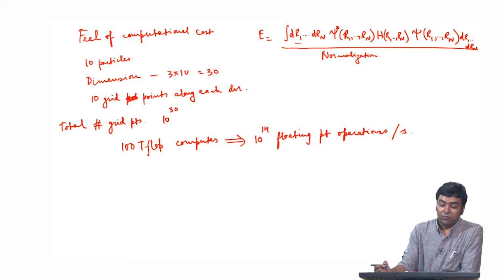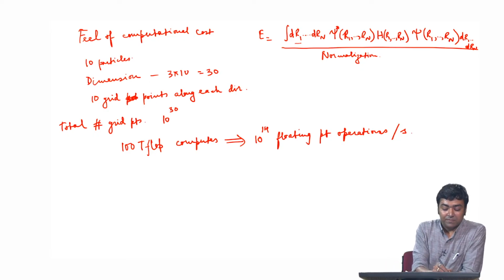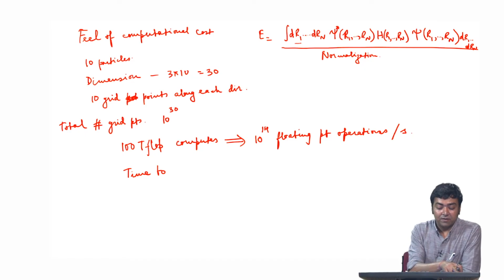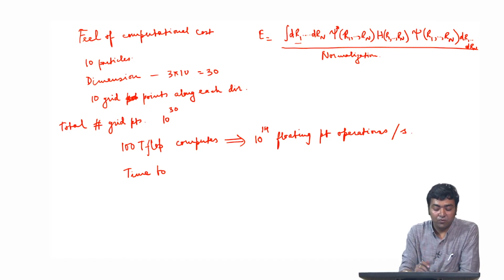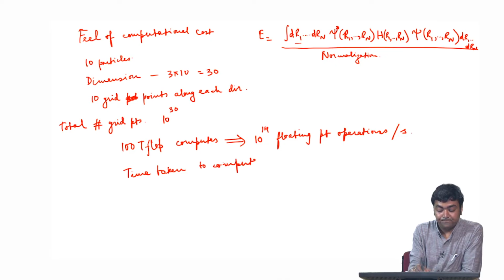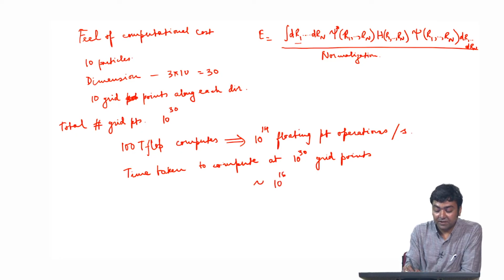Also we assume that to evaluate the function at each grid point, we need to do one floating point operation. Then the time taken to compute at 10 to the power 30 grid points will be of the order of 10 to the power 16 seconds.